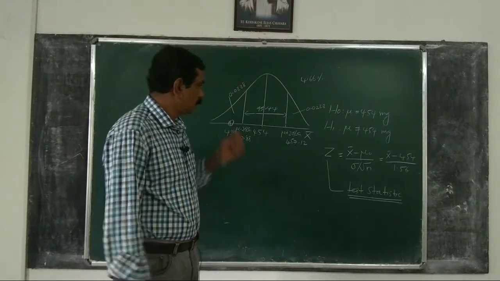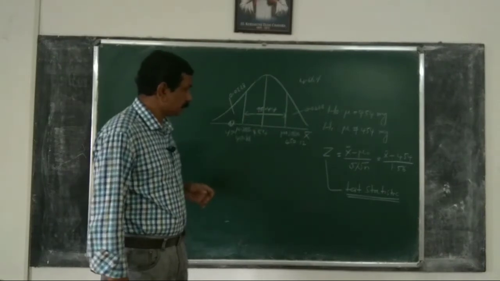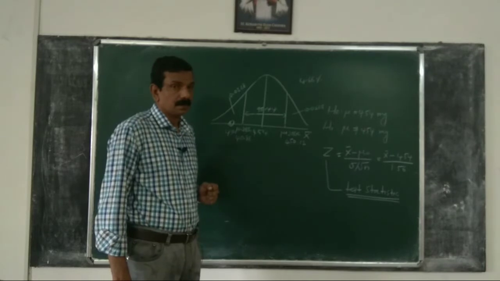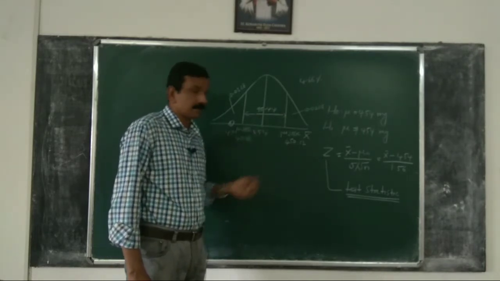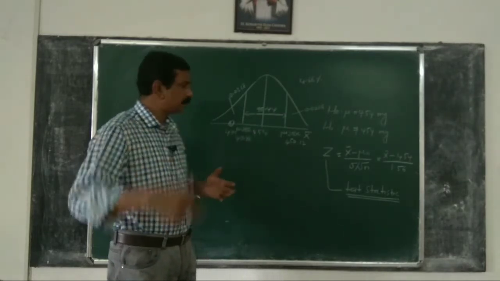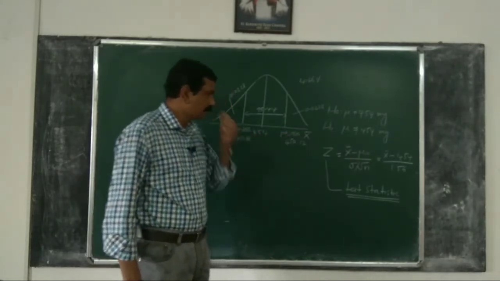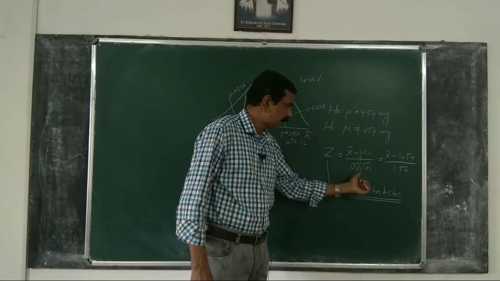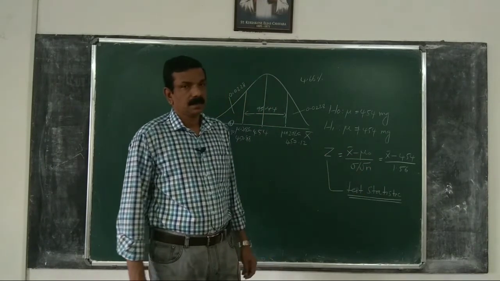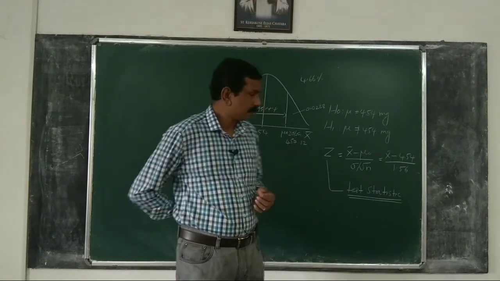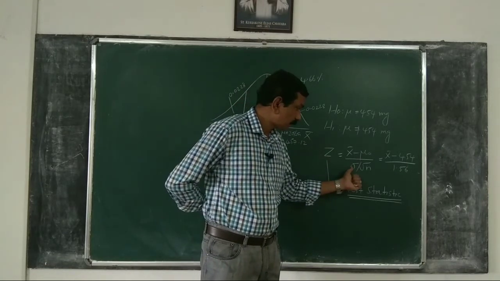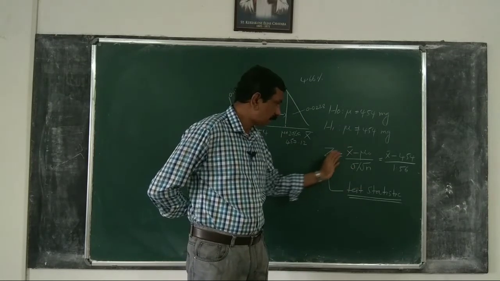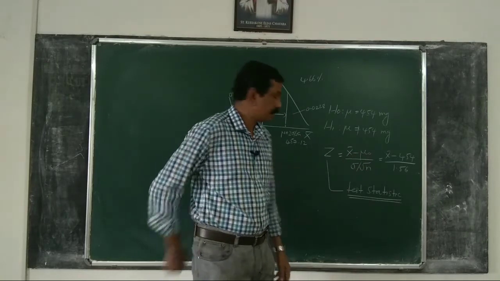So, for accepting or rejecting the null hypothesis, we use the distribution of x bar. Remember this distribution of x bar. But we will not use x bar directly. Using x bar, we derive the test statistics, Z. And as we have discussed in many places, if population sigma is known, then x bar is converted into Z, standard normal distribution.